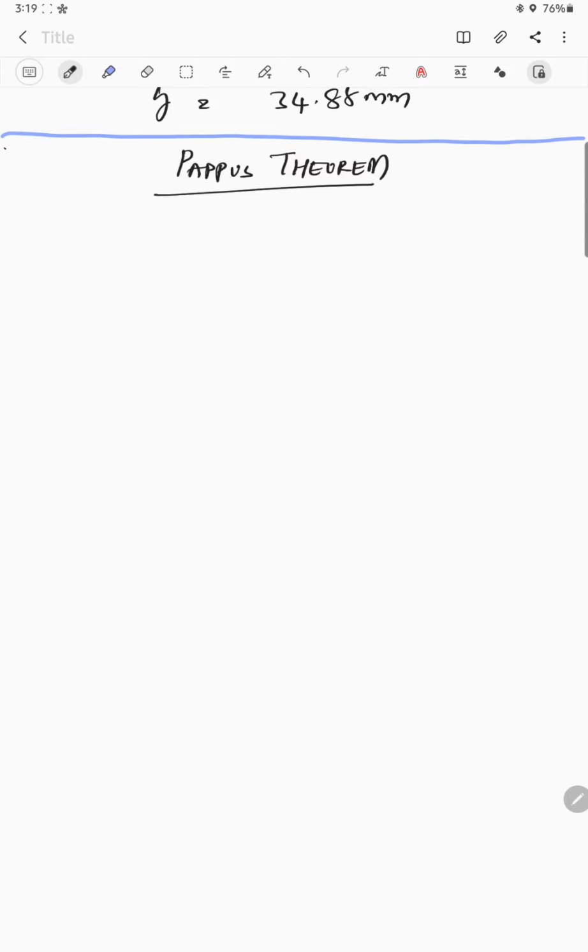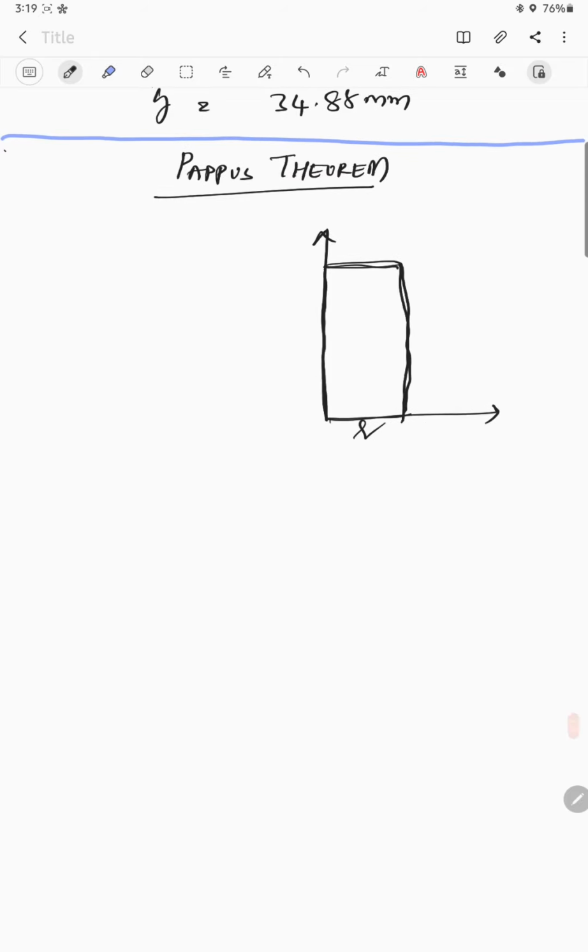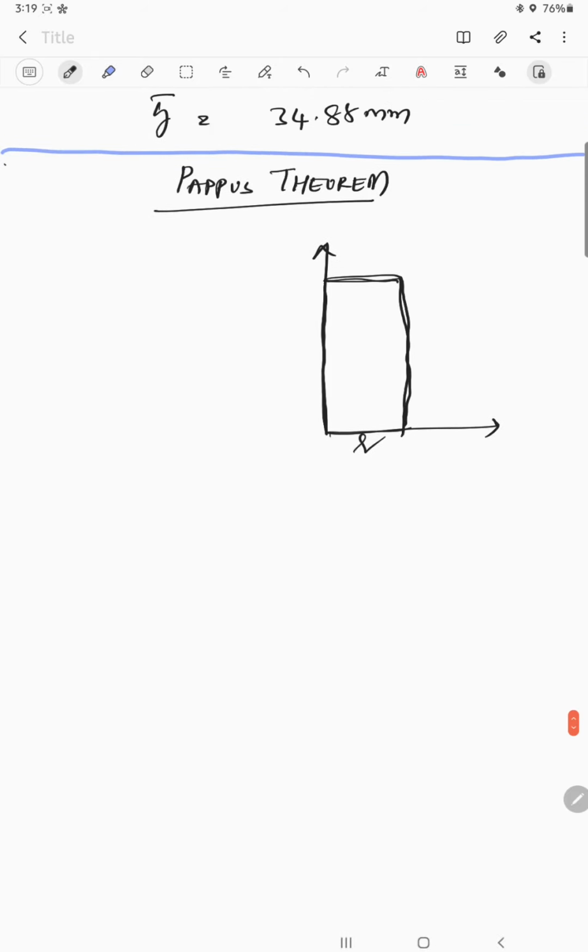Pappus theorem states that whenever we have a body resting on the x-axis, like this, with radius r and height h, what happens when we rotate it about the x and y axes? It will form a volume.